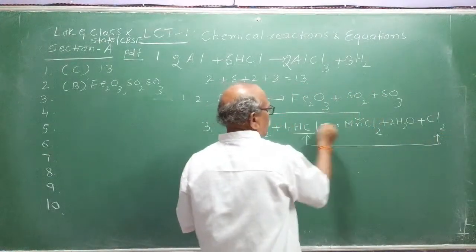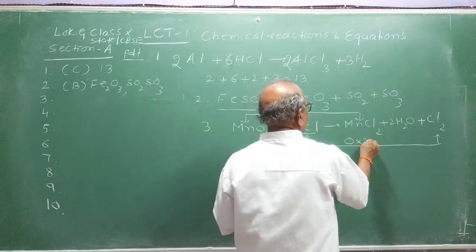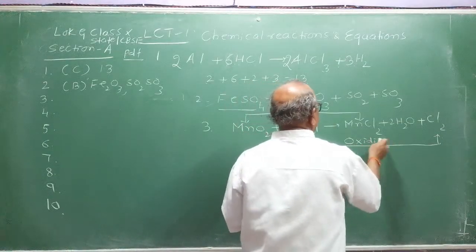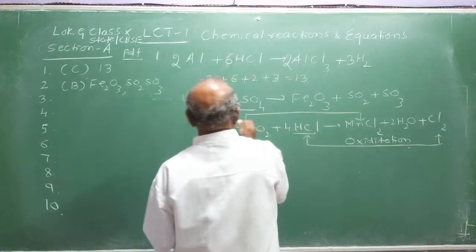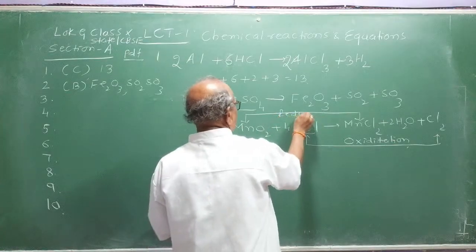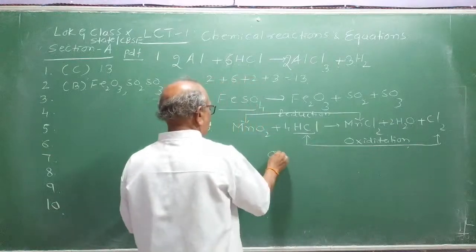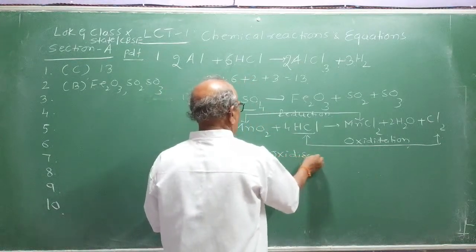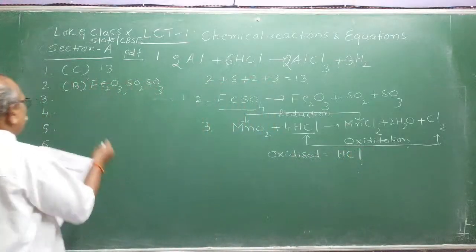Loss of hydrogen is oxidation. What is asked? Loss of oxygen is reduction. Which is oxidized? Oxidized product is HCl. Therefore, the correct answer is B.